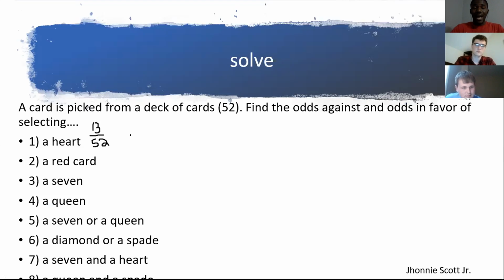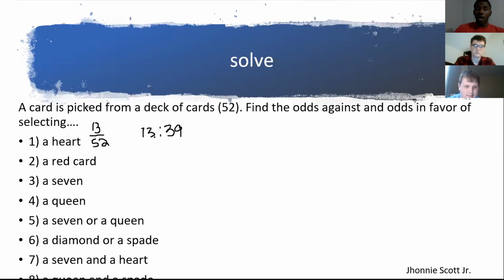But what I am showing you is the odds. So for finding the odds, we have 13 for what we want to happen, for what we want to find. And then if you do 52 minus 13, you will get the answer of 39, okay? And I hope that this all makes sense. 13 and 39 are the odds for randomly selecting a heart from a deck of 52 cards.